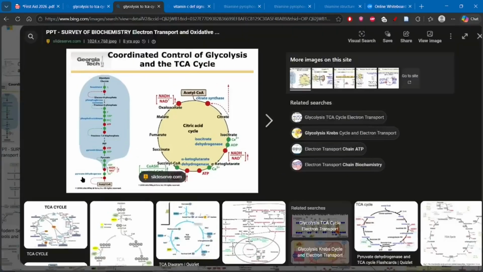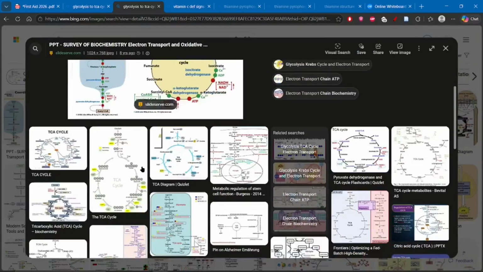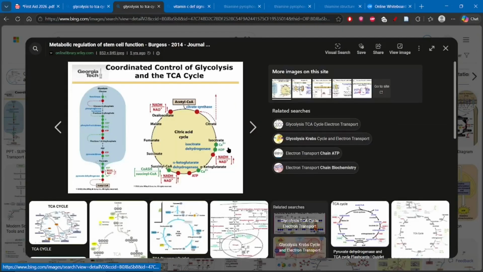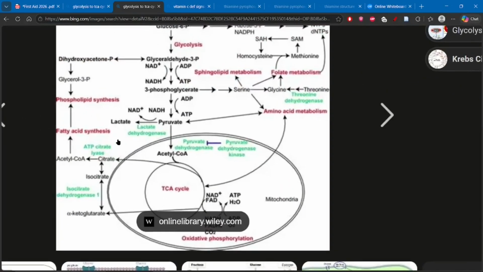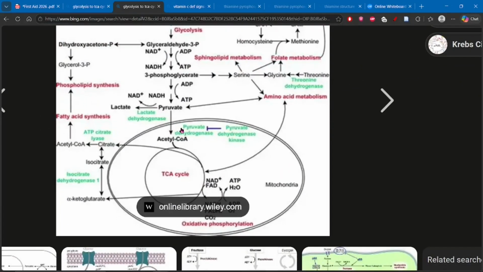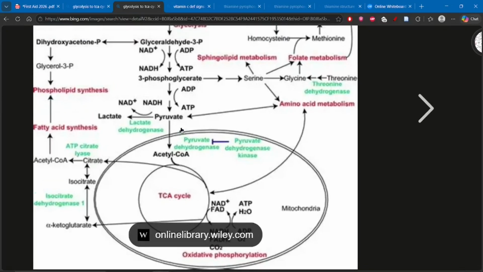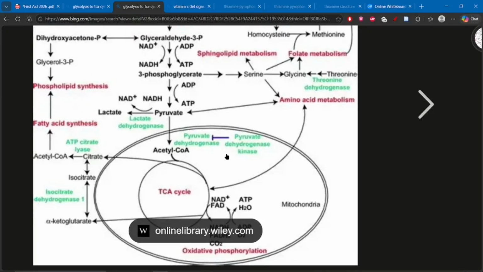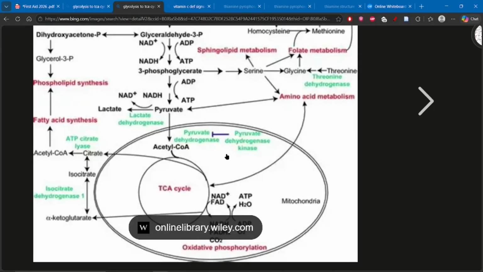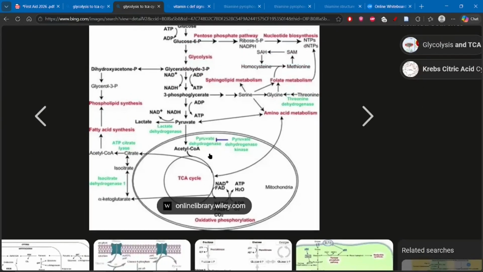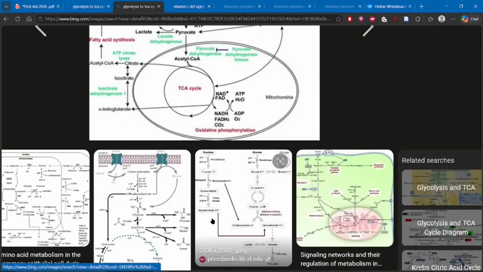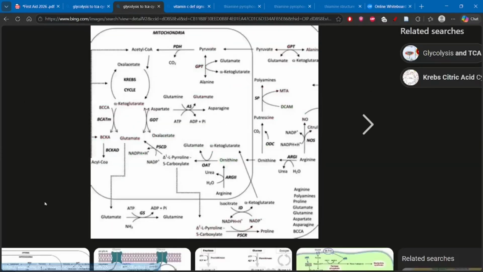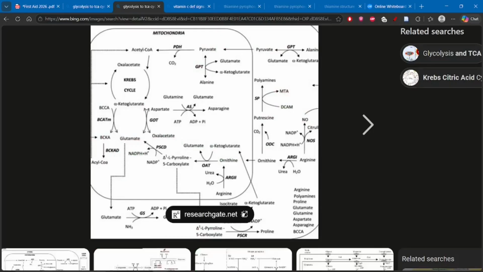It's not clearly written, but you can see that this is written over here. I want it to be more clear. So let's find us a diagram. Right, so I think this is a clear one. Let me look for another one.